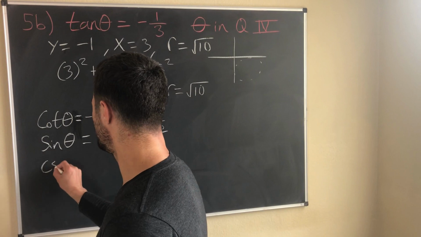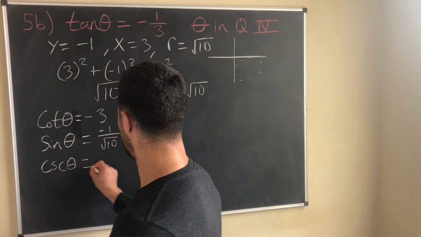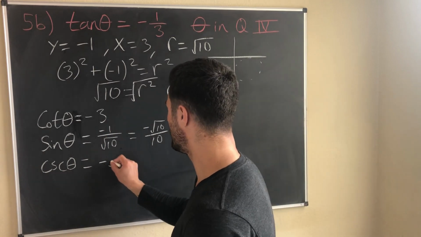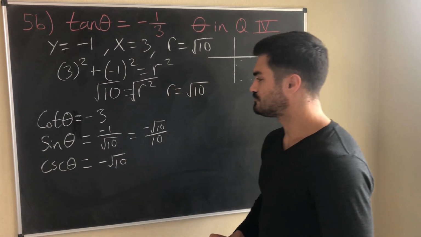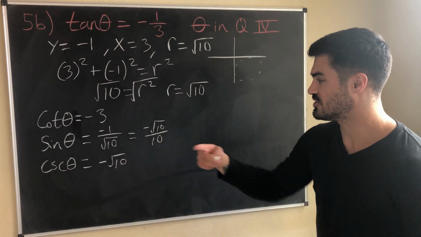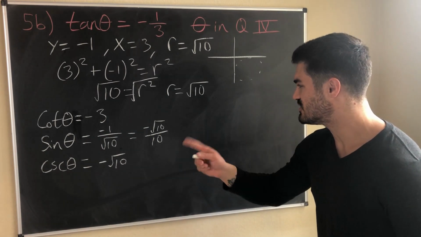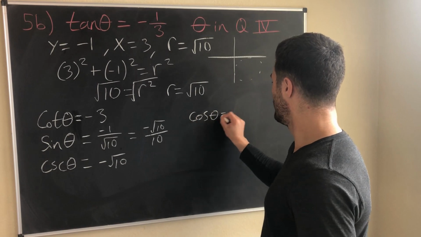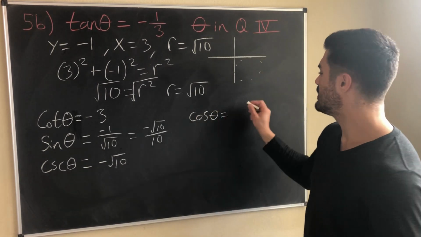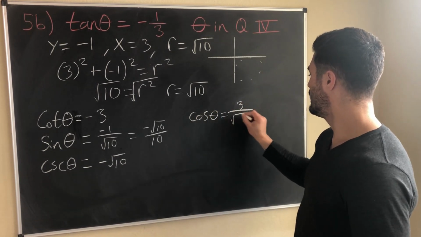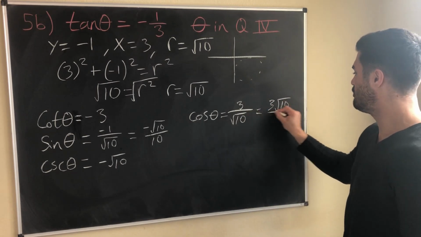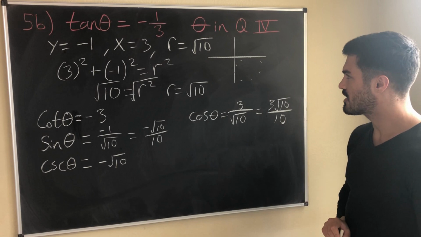That means cosecant theta is root 10 over -1, so just -root 10. What else do we have left? Just cosine and secant. Cosine theta is x over r. That is 3 over root 10. And after I rationalize the denominator, that's going to become 3 root 10 over 10.